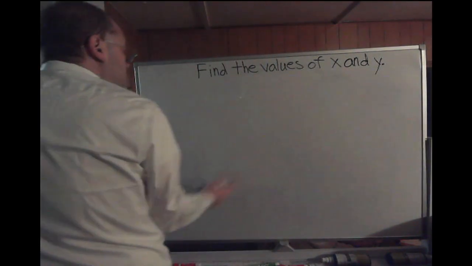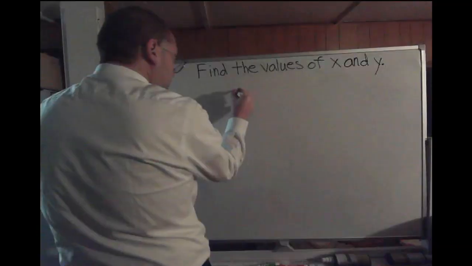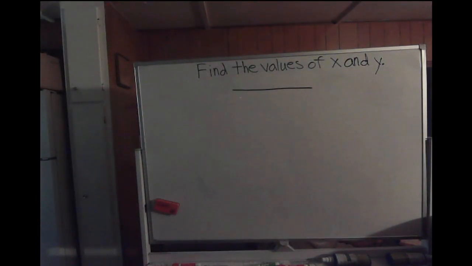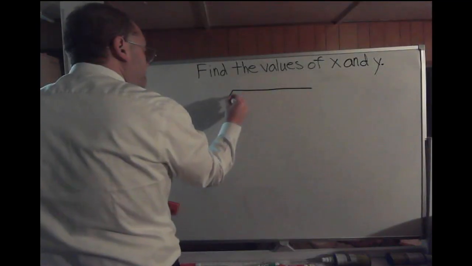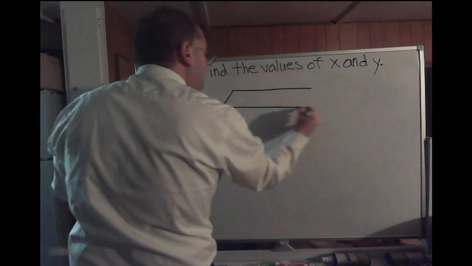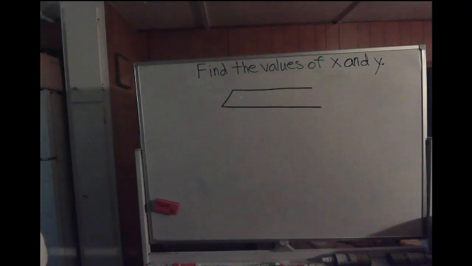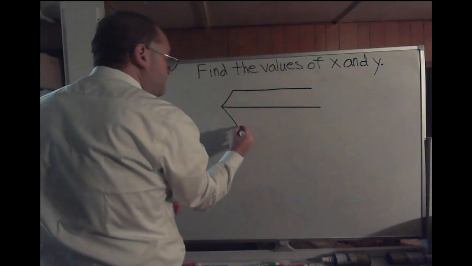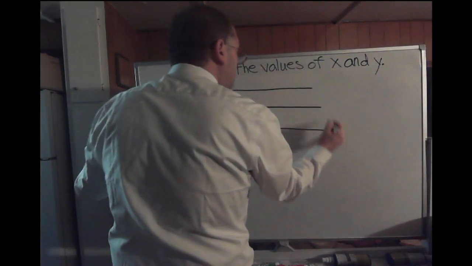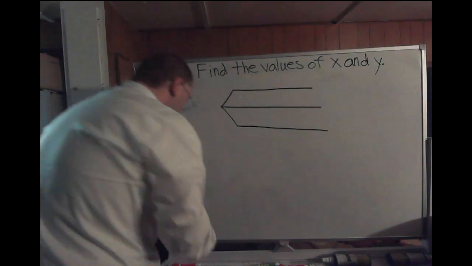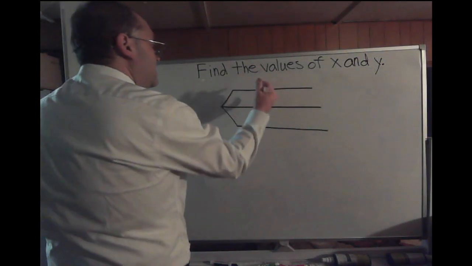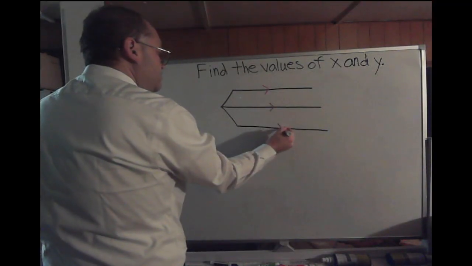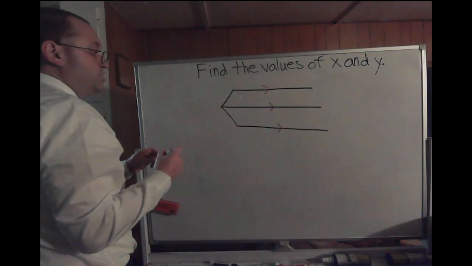Okay. So let me draw my lines here. Okay, this time we have 3 lines that are parallel to each other, because you can have more than one line parallel to each other.